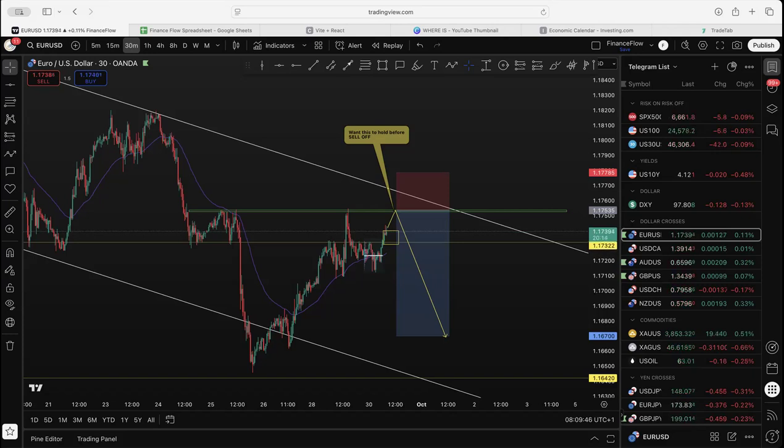So we're good. Telegram, my brain's going a bit mental. Set up potential. I've also got GBP USD. So right, that's one. Right, that's posted.